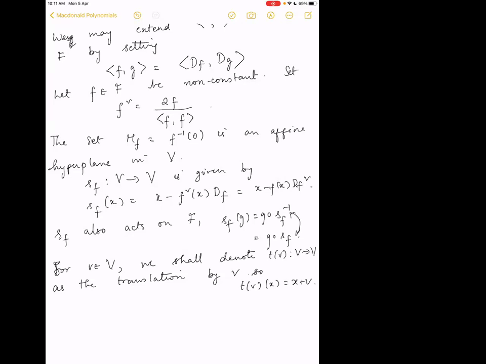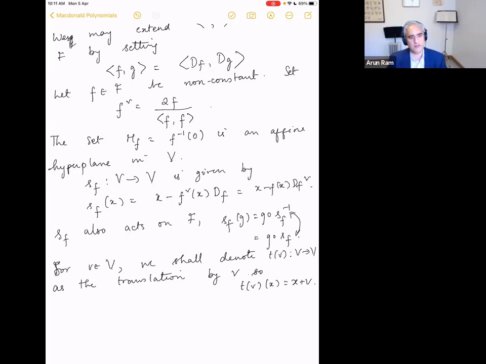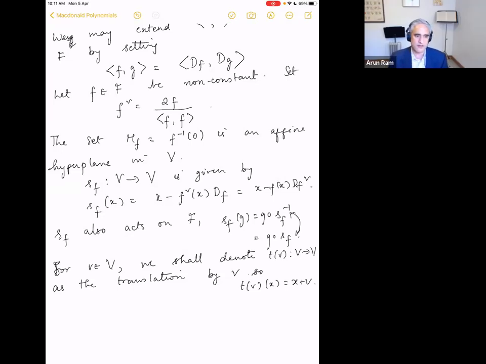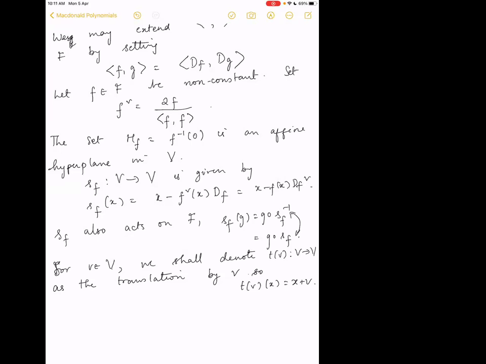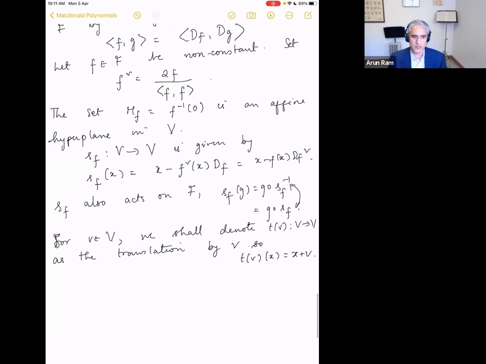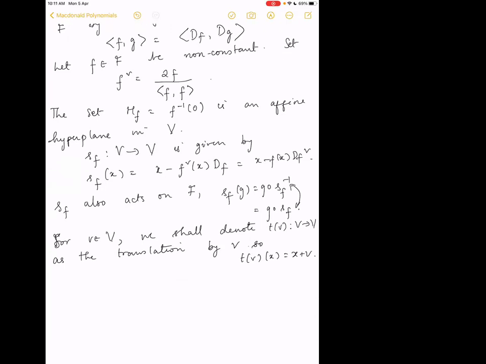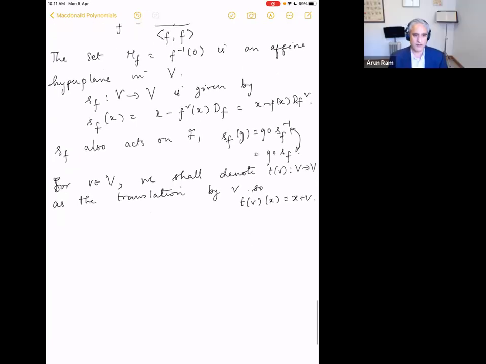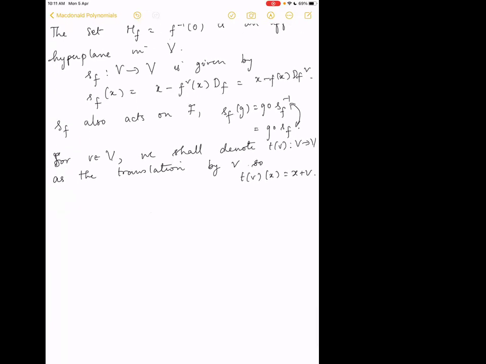Because df, if f is equal to c, then df is 0. Yes, exactly. So in that case s_f is very boring, but it still squares to the identity. Great, thank you.